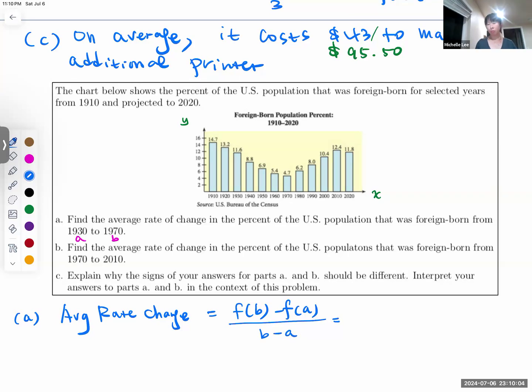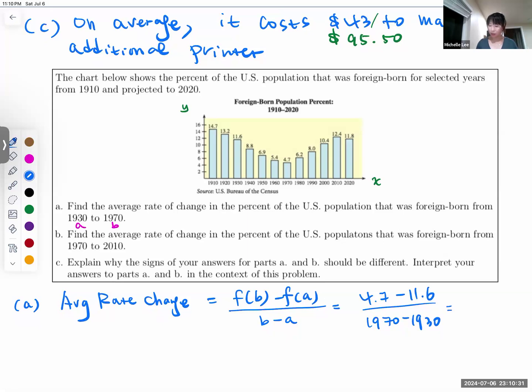So 1970 minus 1930. And let's take a look. 1970, which is 4.7, minus 1930, which is 11.6.